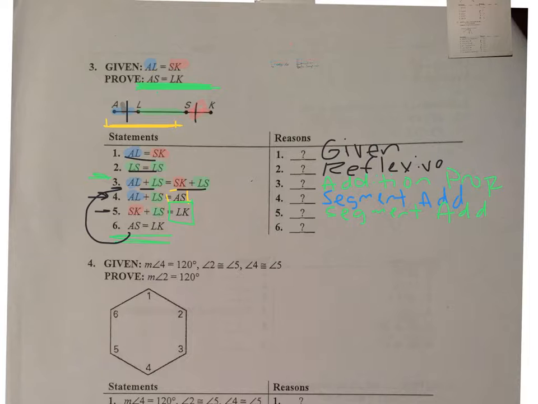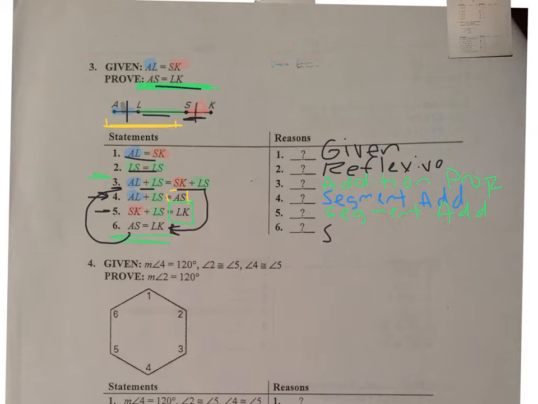In 5, I defined that SK plus LS, okay, so this short segment on this side plus LS makes the longer segment LK. Well, that's the same thing. So I took it from my formula up here and I substituted in LK. And where did I get? The fact that AS is equal to LK.